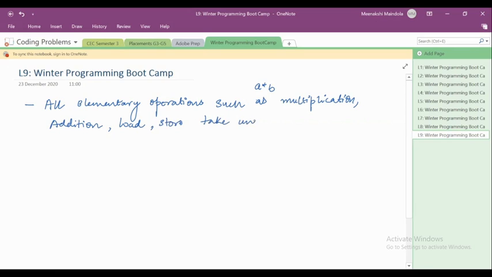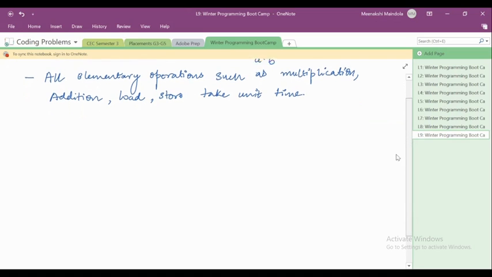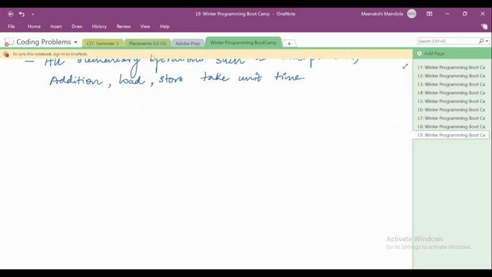So we call this unit time. Whatever least amount of time is required for any particular operation is referred to as unit time. So all elementary operations like multiplication, addition, loading or storing data are going to require unit time, right?